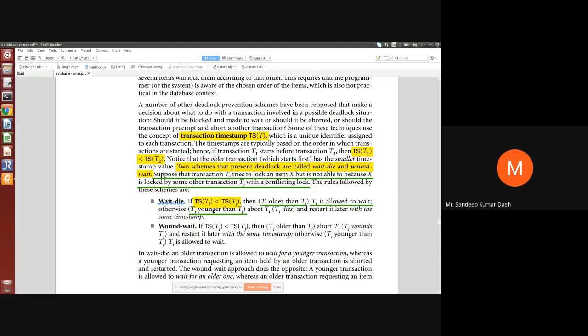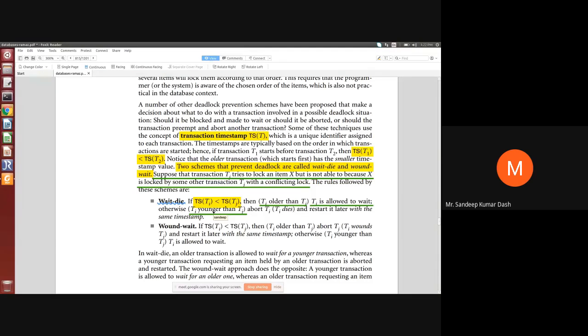Ti is younger, you are younger, I am older, and I am holding the lock. You are coming and requesting. Then what happens is that you will be aborted. That means the younger transaction will be aborted, or it says that Ti dies.